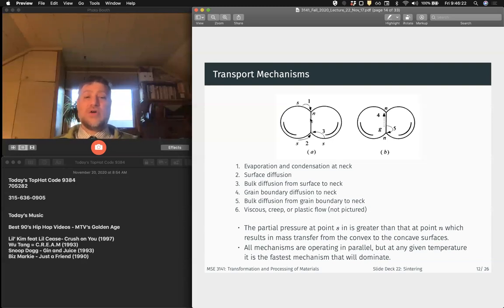So if we want densification, which subset of these can we choose? What needs to happen to densify our powder compact?